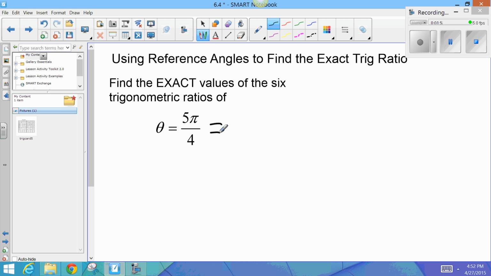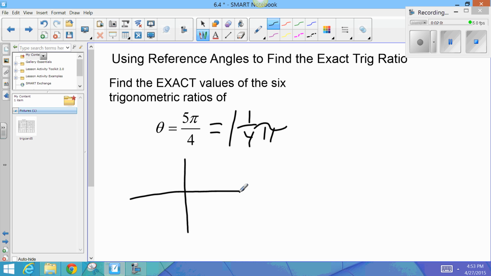It's sometimes easy to think about these as mixed numbers instead of improper fractions. If I take 5 and divide it by 4, I've got 1, remainder 1. So this is 1 1/4 pi.